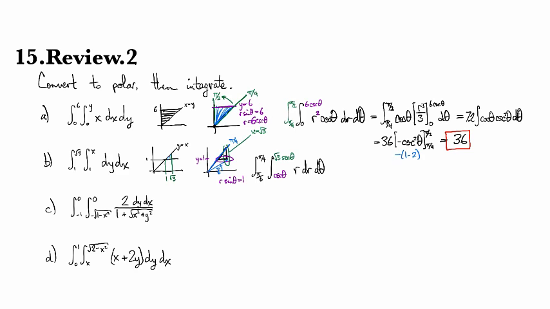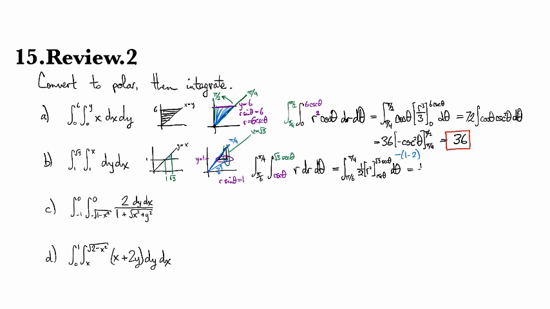Okay, so we've got the integral from pi over 6 to pi over 4 of 1/2 r squared evaluated from cosecant theta to root 3 secant theta, d theta.